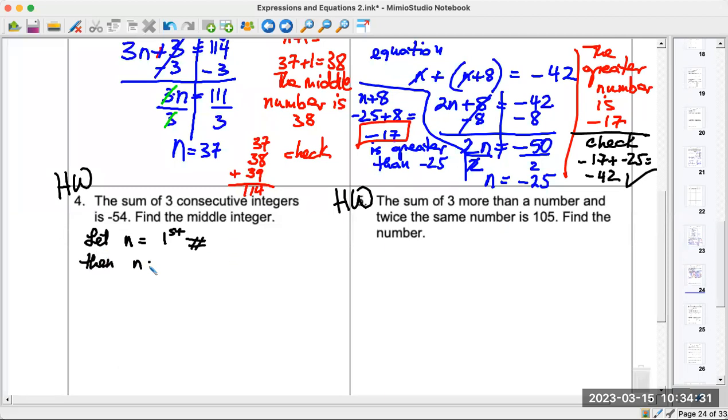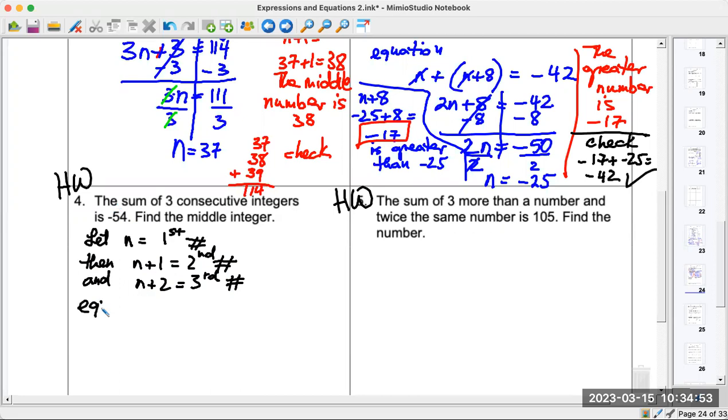Then n plus 1 is the second number, because they're consecutive, next to each other. And n plus 2 is the third number. And their sum is negative 54.